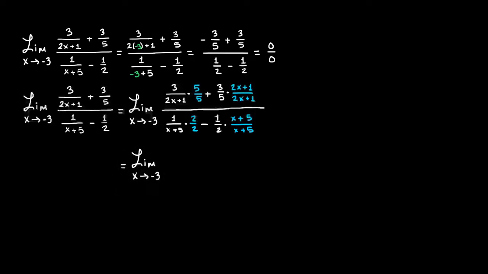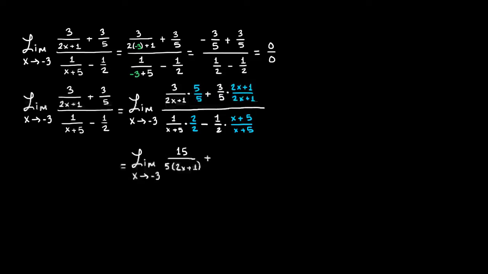This first fraction will end up looking like this: 3 times 5 will make 15, over 5 times 2 times x plus 1. This is a very ugly one. There it is.